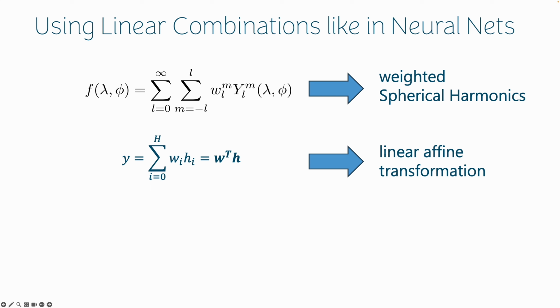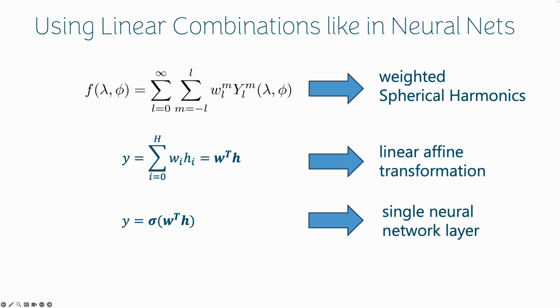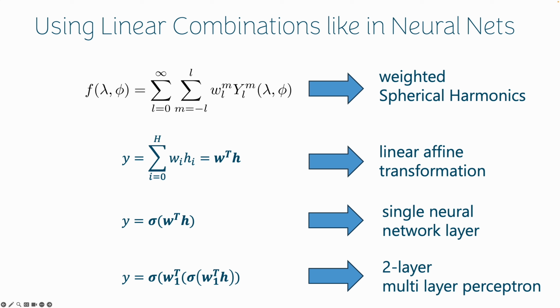And now the step is not very hard to put a non-linearity around this. And then we have a single neural network layer, a single dense layer. And if we stack multiple layers, we have a multi-layer perceptron. So you see it's the same principle. It's all about matrix multiplication, like anything in deep learning. So why am I showing these similarities?